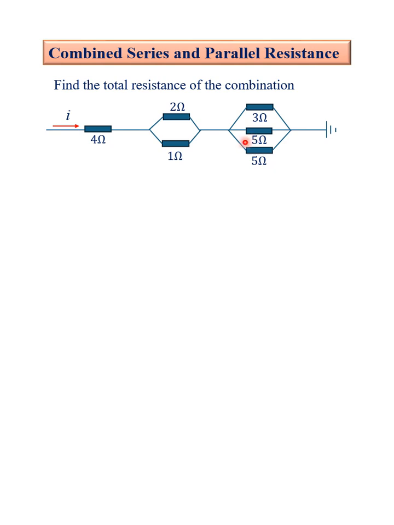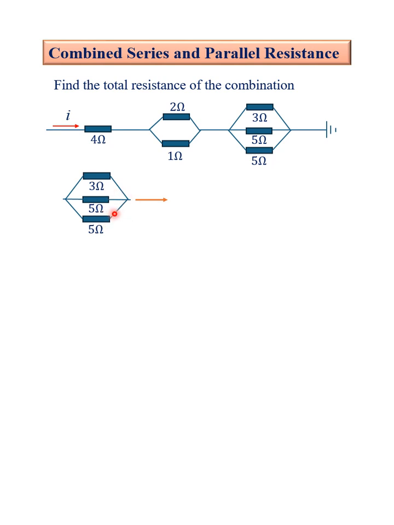So the first thing we are going to do is to resolve the resistances from the right to the left. So we are going to start with this set of 3 parallel resistors and find their equivalent resistance. So firstly, let's resolve this parallel combination.